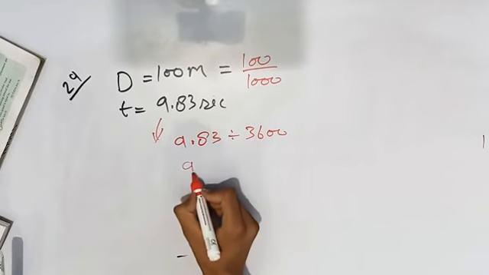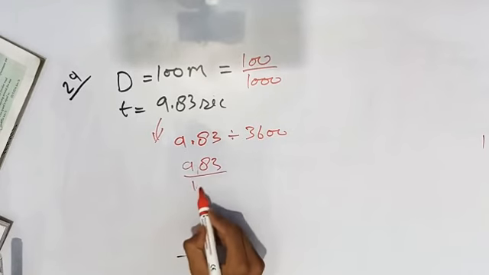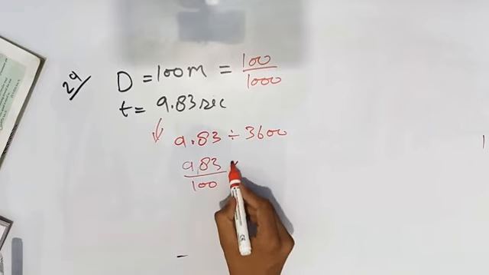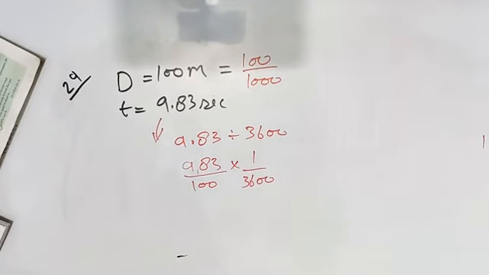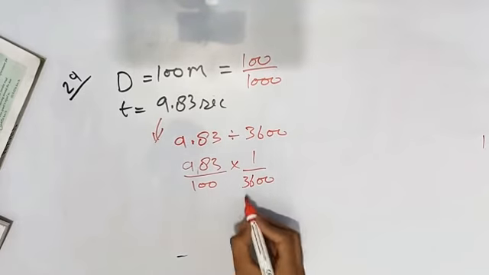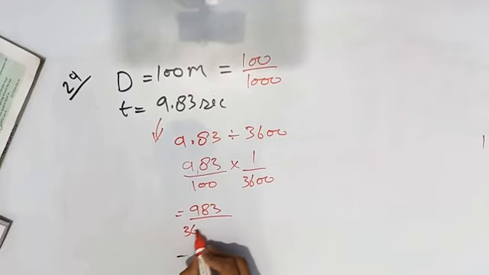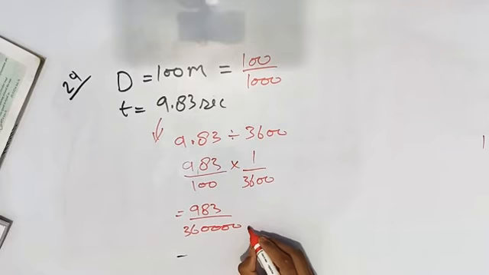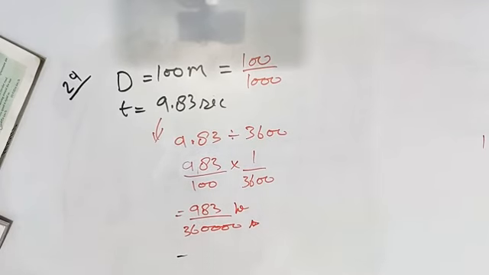We remove the decimal point from 9.83 and it comes downside as 100, multiplied by 1 upon 3600. So we write 983 upon 36000, which is the value in hour.